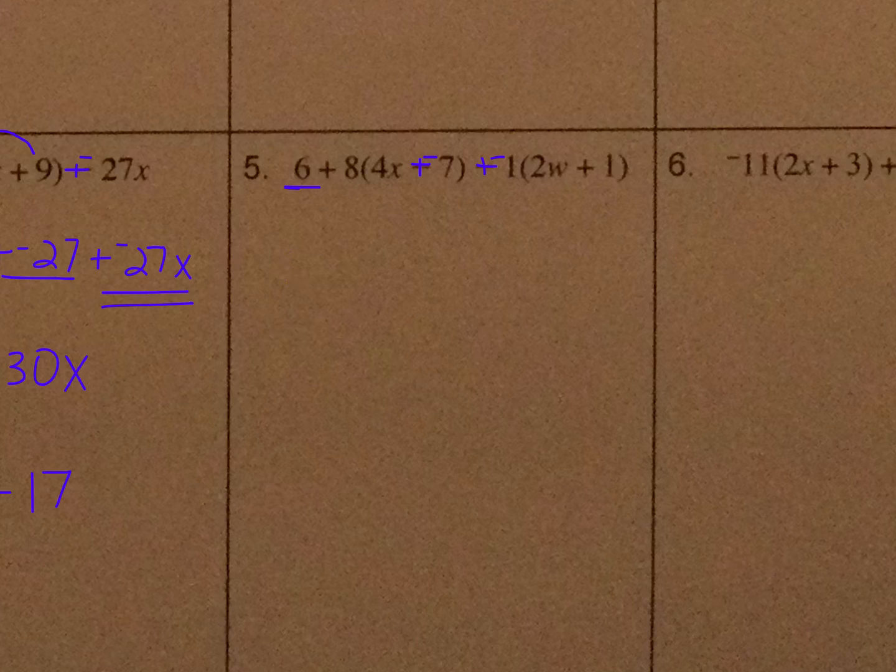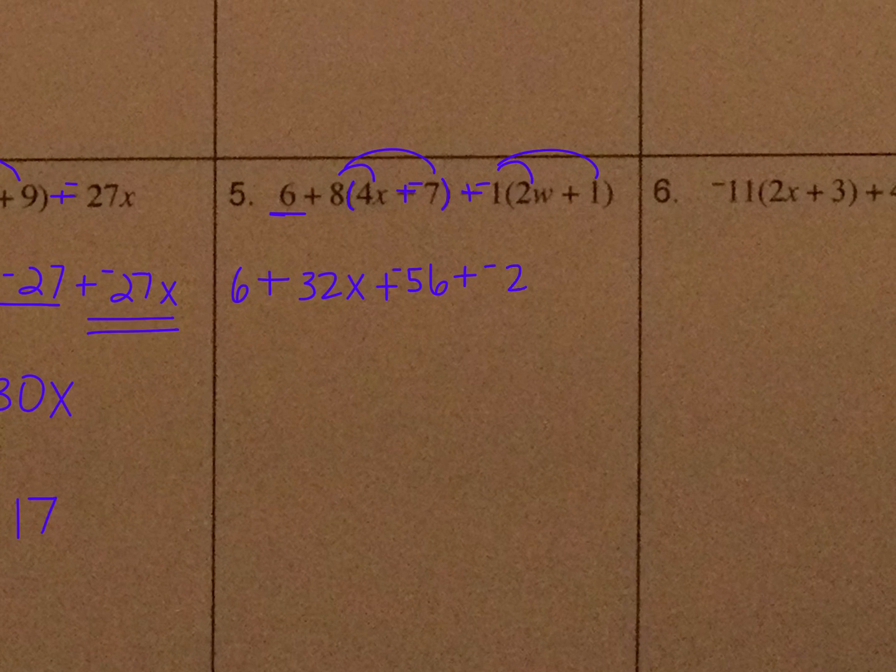Actually, I'm going to bring him right to the edge because this problem is long. 6 plus, now I've got these parentheses, so it's time to distribute. 8 times 4 is 32x. 8 times negative 7 is negative 56 plus, well, now I have a whole nother set of parentheses that the negative 1 needs to get a turn with. Negative 1 times 2 is negative 2w. Negative 1 times 1 is negative 1.